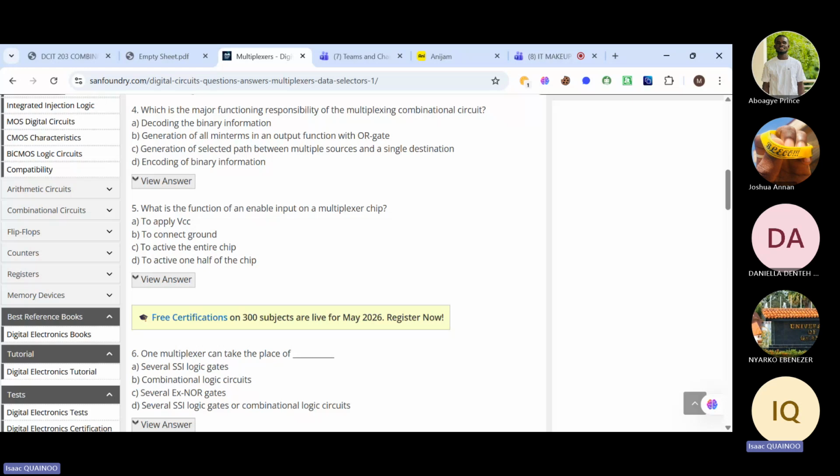And the most important functionality of a multiplexer is to ensure that multiple input channels are directed to one output channel. So that is the main functionality of a multiplexer.